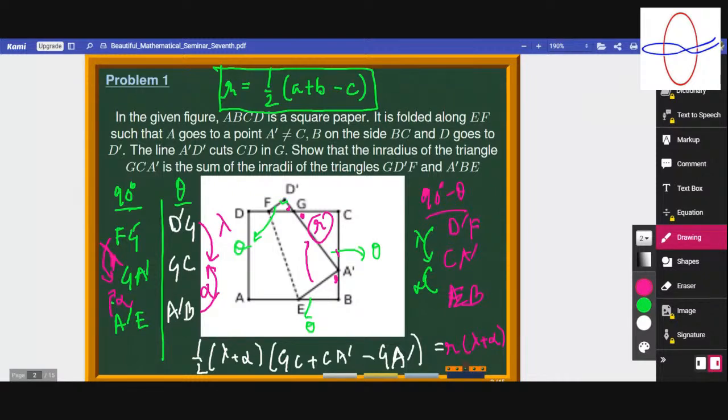Think about it. I'm giving you some time. How can this be equal?